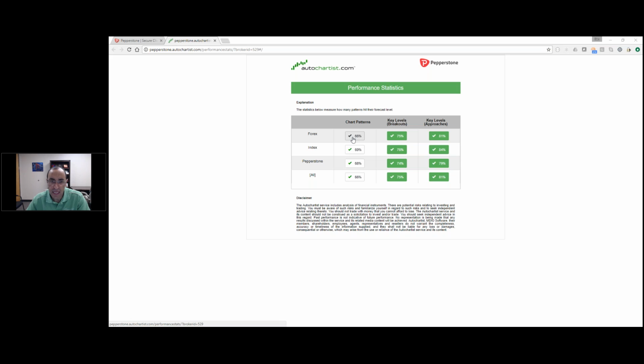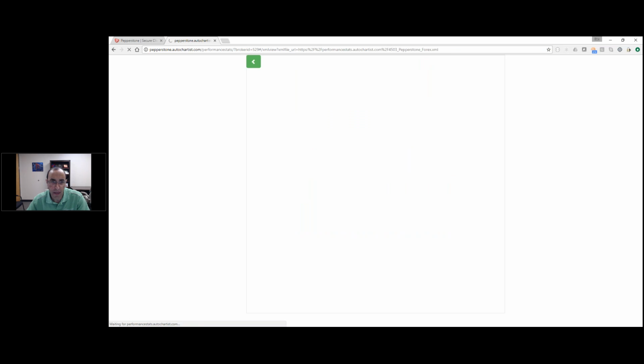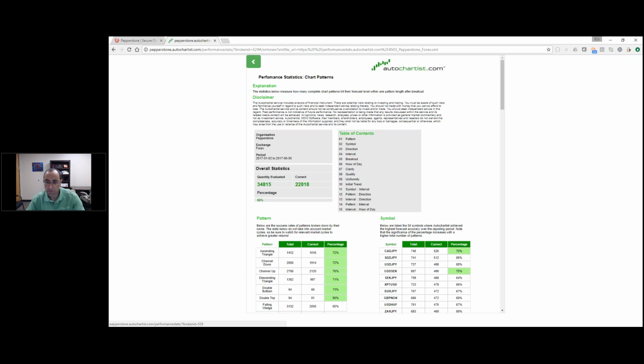Okay, so the first thing is the technical chart patterns. We'll look at the Forex statistics. And here what we have is complete transparency on everything we've done in the last 6 months. So the first thing is the overall statistics and the summary. This is for Pepperstone on the Forex market, and a moving window of 6 months.